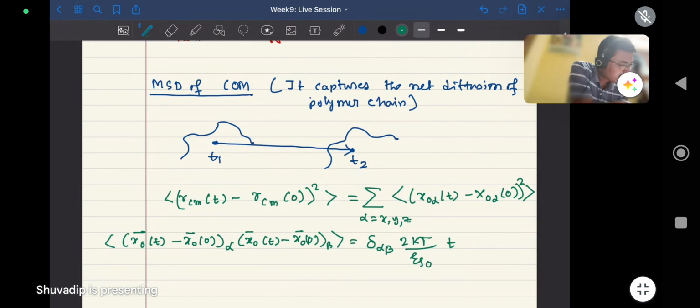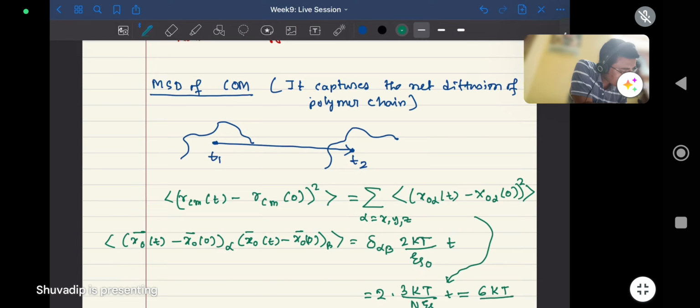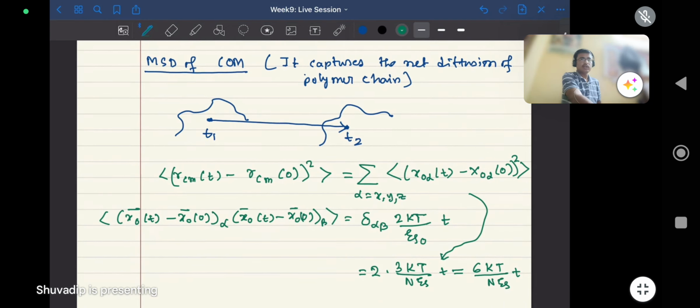Now in this case, because alpha and beta are always equal, this will result in a term like 2 into 3, because there are 3 terms like this: x, y, z. So it is 6 kT by N xi into time.